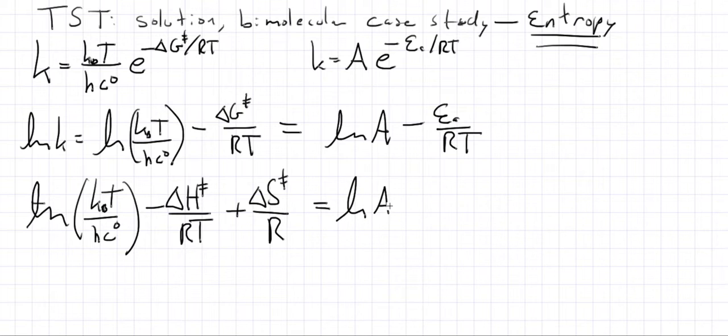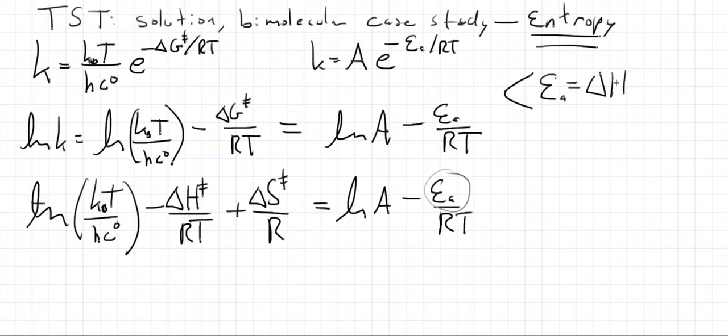So when we equate these, one thing we can do is substitute the expression for EA that we got earlier. For this type of case study, we got that EA was equal to delta H double dagger plus RT.